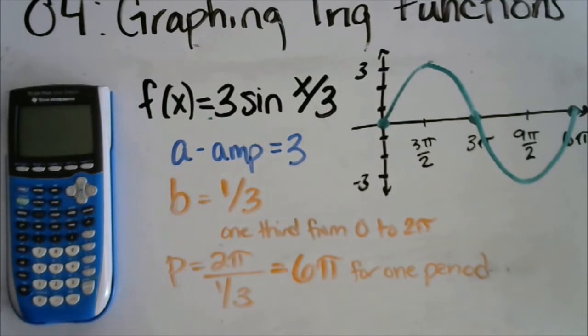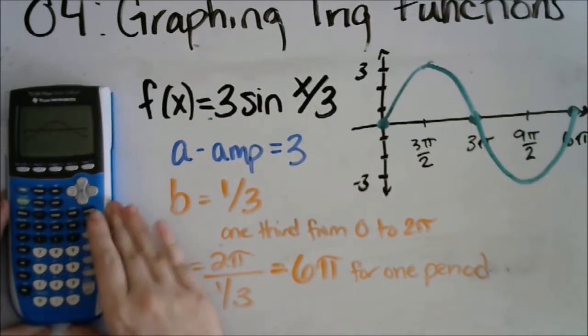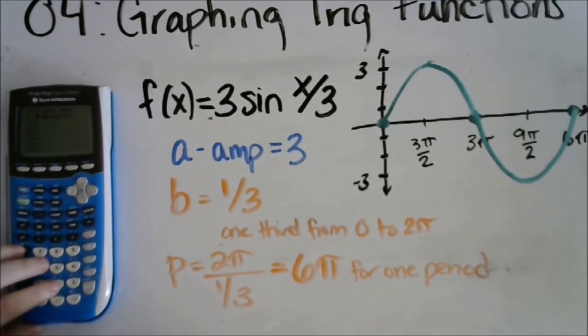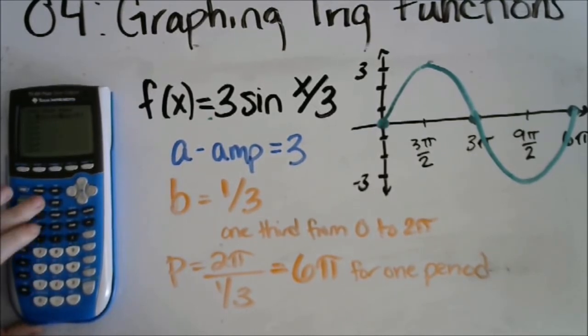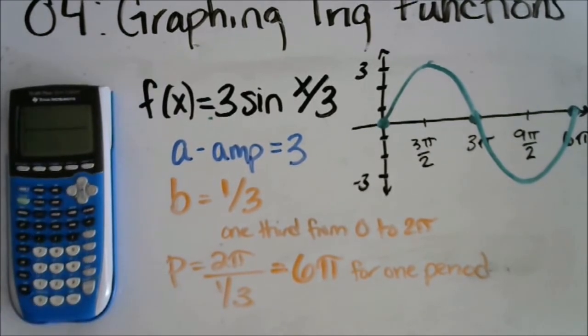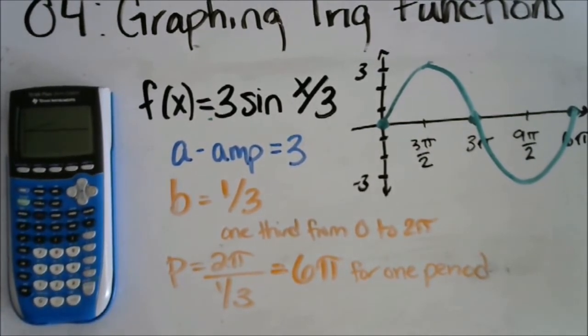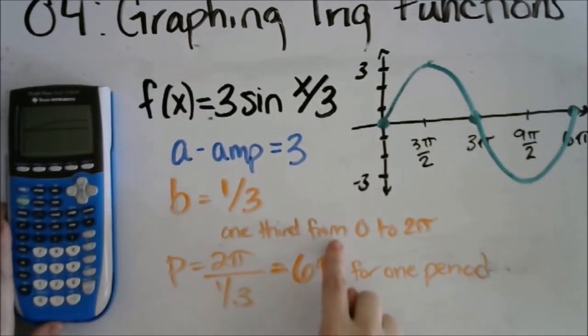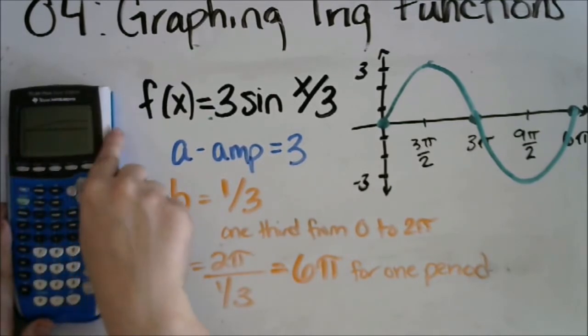Let's compare that with our calculator. If I go to y equals and change the equation to be 3 sine x over 3 and graph it, what am I going to see? I'm going to see 1/3 of the sine curve.